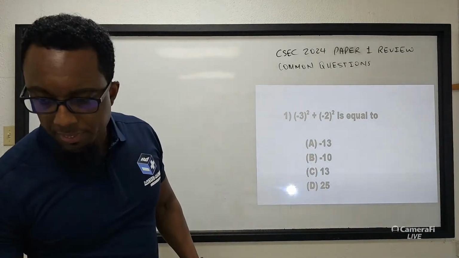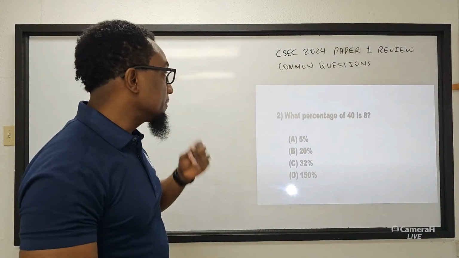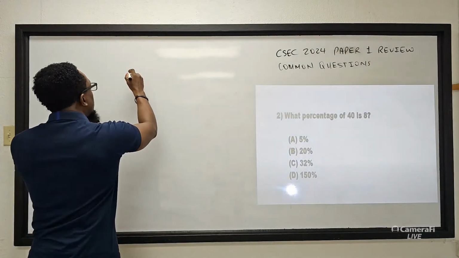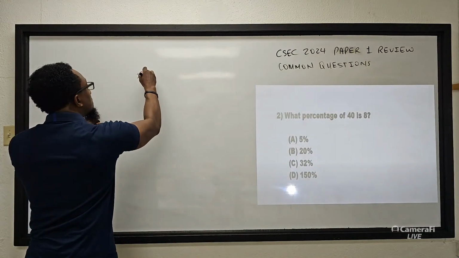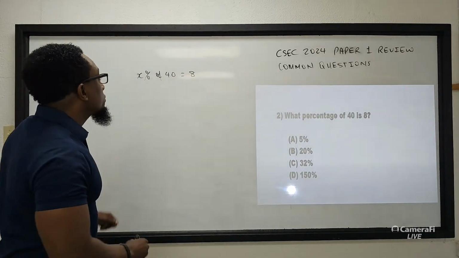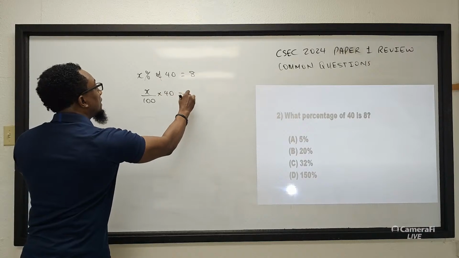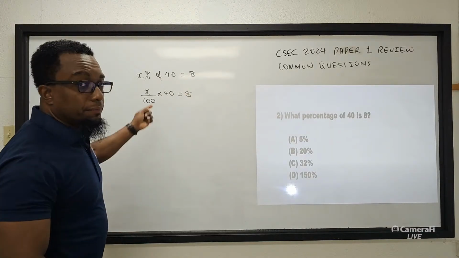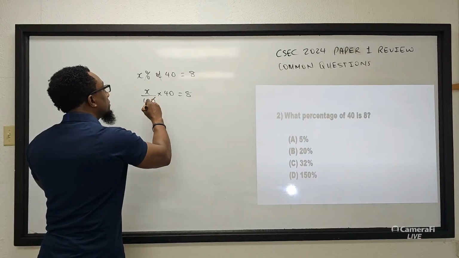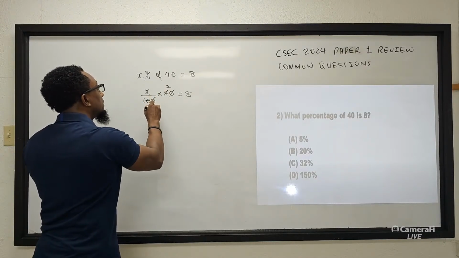So the second question: what percentage of 40 is 8? You can say x percent of 40 is equal to 8. So x percent is the same as x over 100, of 40, is equal to 8. Of course, of means multiply. The zeros go, and 2 into 4, 2 into 10 is 5.